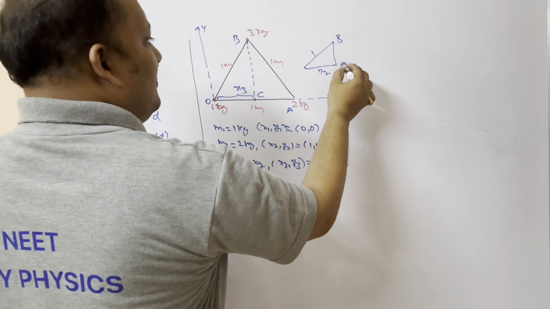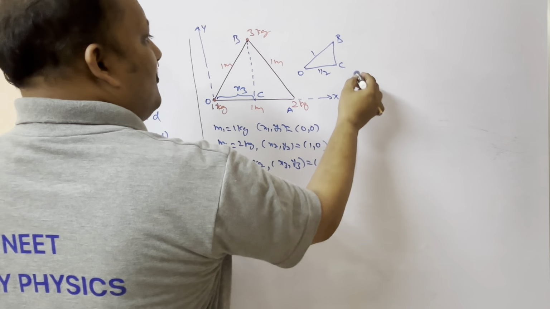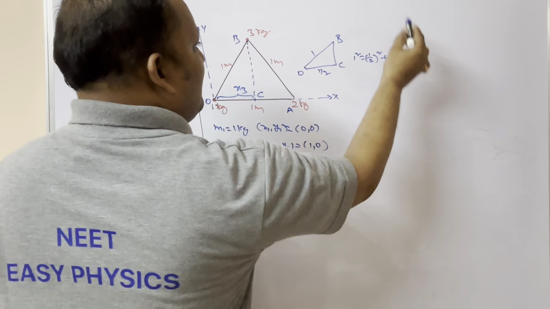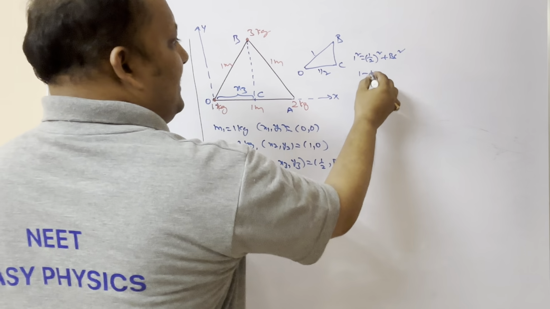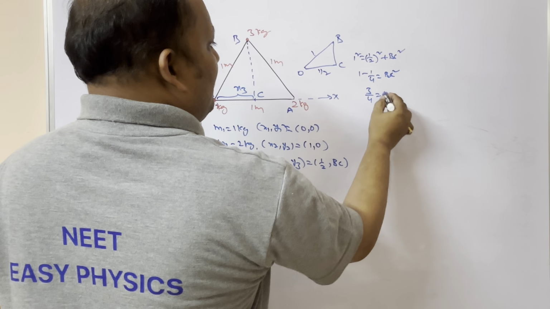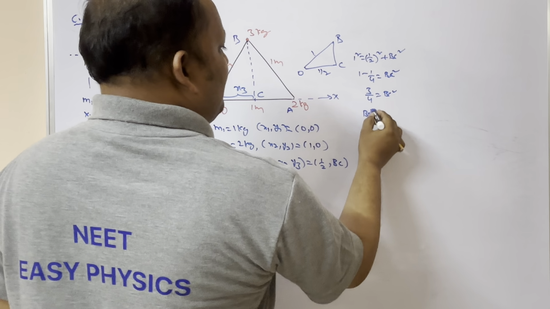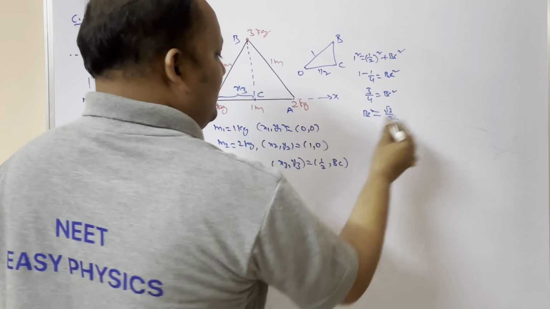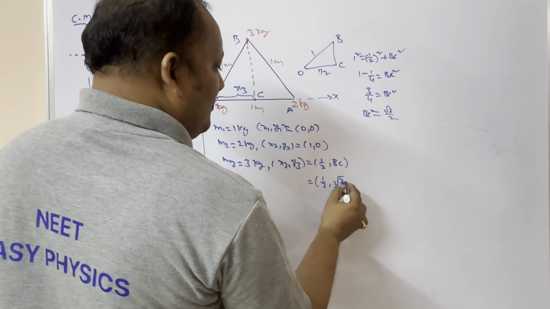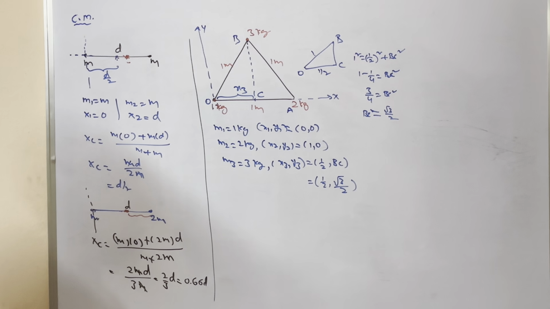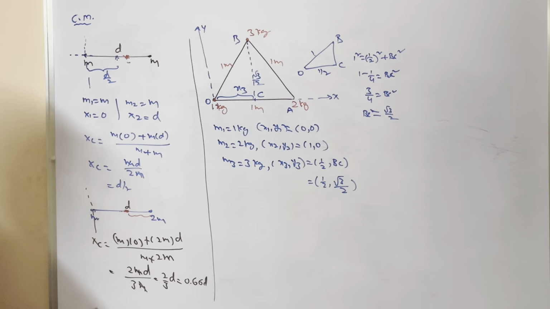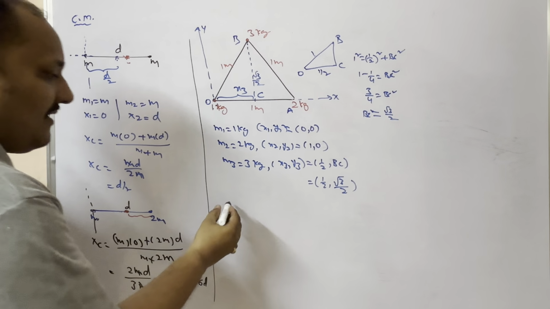So 1 square equals (1 by 2) whole square plus BC square. 1 minus 1 by 4 equals BC square. 3 by 4 equals BC square. Then BC is root 3 by 2. Therefore x3, y3 is 1 by 2 comma root 3 by 2.